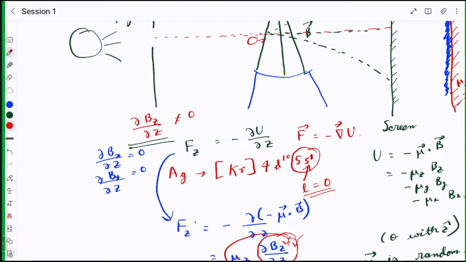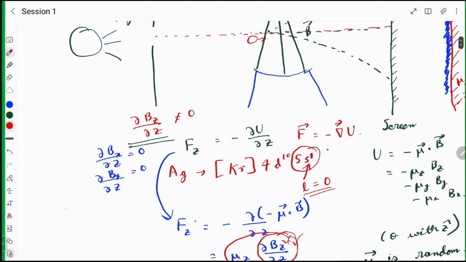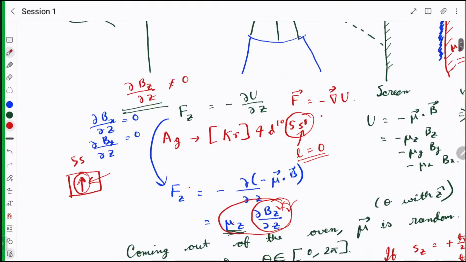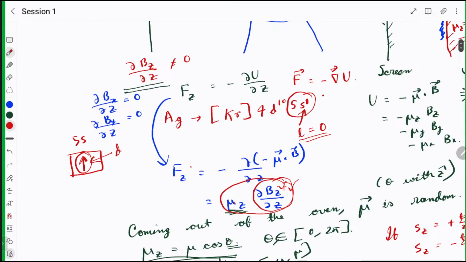No, see, 5s1 means what? This is the 5s orbital, for example. There's only one electron, no? If there's one electron, then it's an unpaired electron. An unpaired electron will always have a dipole moment, which is related to the spin angular momentum.